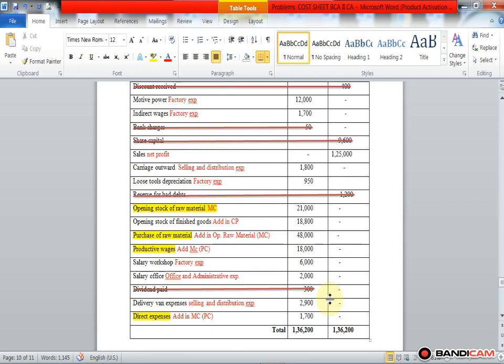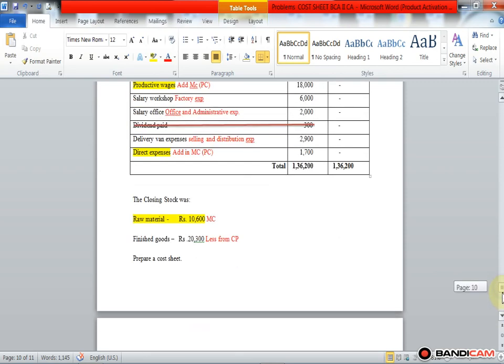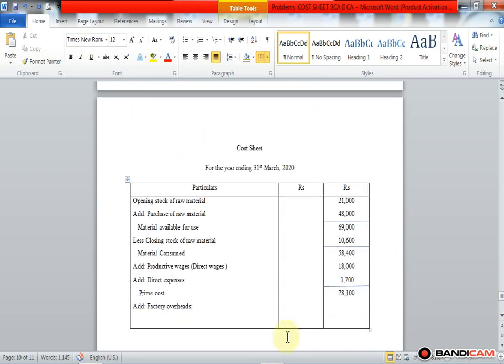First, motive power and indirect wages both are factory expenses, so we highlight them. Motive power 12,000, indirect wages 1,700, so we transfer these items here.